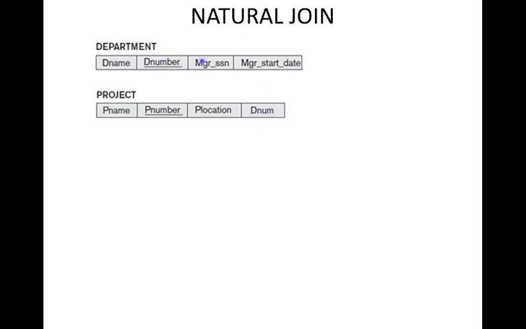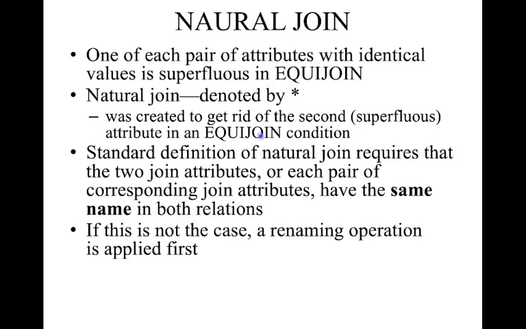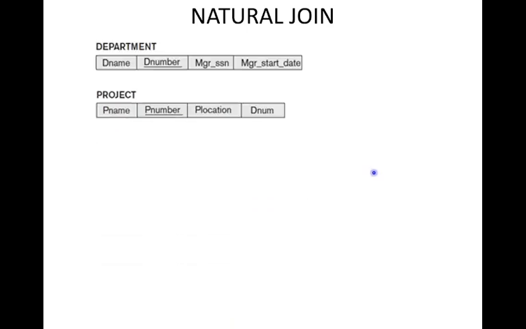We cannot perform natural join, because even though the attribute domain is the same, the attribute name is different. The same name should be there in both relations, so we have to rename this Dnum to Dnumber first.